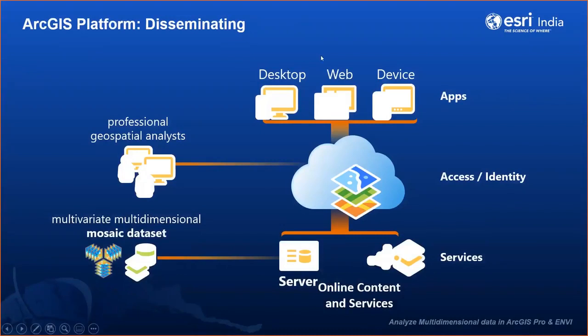The data can be accessed and published. You can create apps, or else we can access this data as a service and perform analysis. As a geoprofessional scientist, they can access this data and perform a lot of analysis. Or else, if you have a set of datasets and you want to access them on a server, you can use multidimensional mosaic datasets.